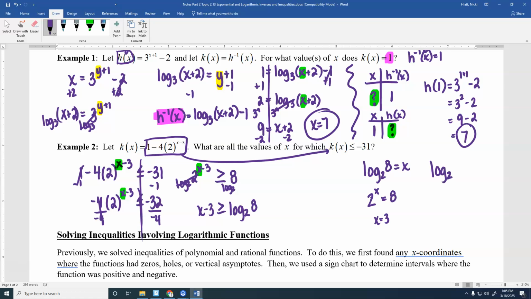Log base 2 of 8 is log base 2 of 2 to the 3rd, and when you do log base 2 of 2 to a power, those cancel each other out, and you just get 3. So we've got x minus 3 is greater than or equal to 3. And then Ryan, what's the last step on that one? Add that 3. So x is greater than or equal to 6 for that.